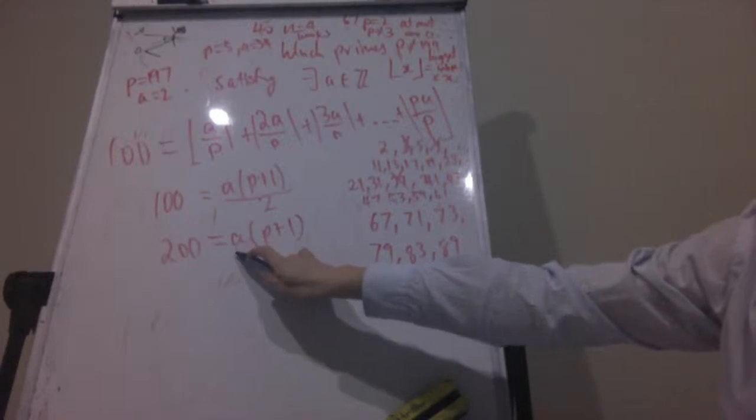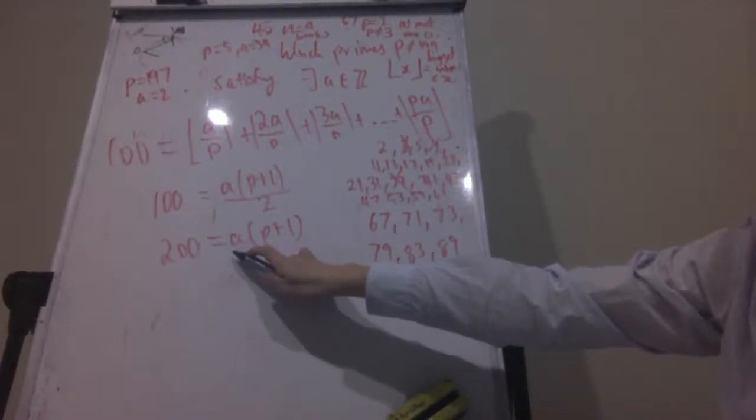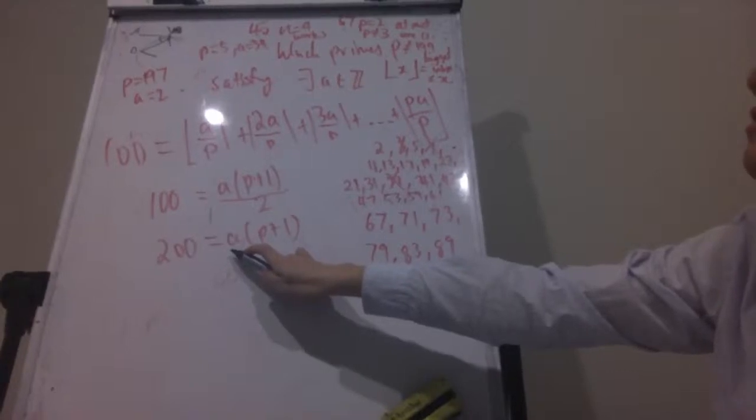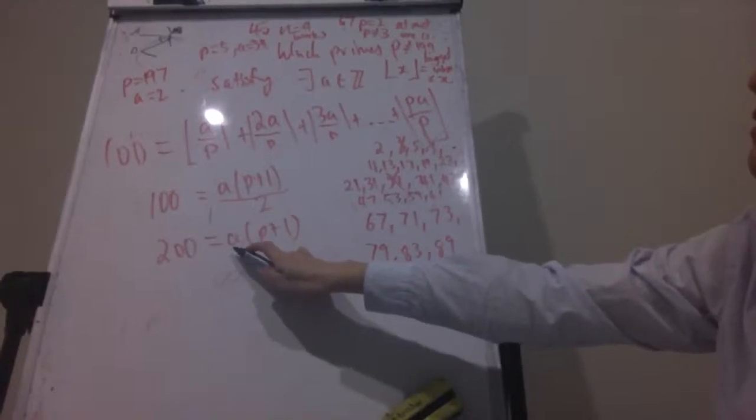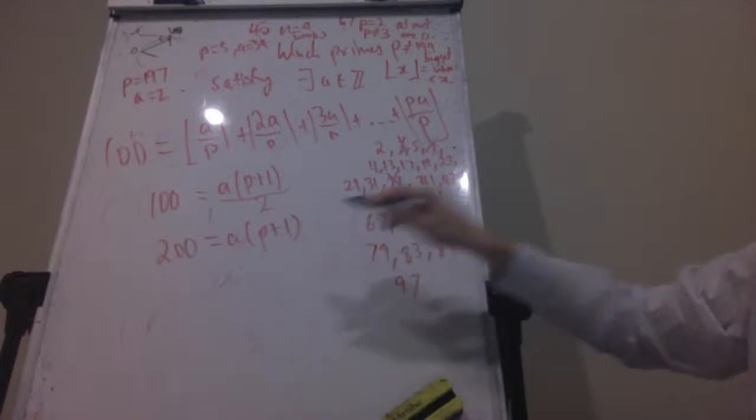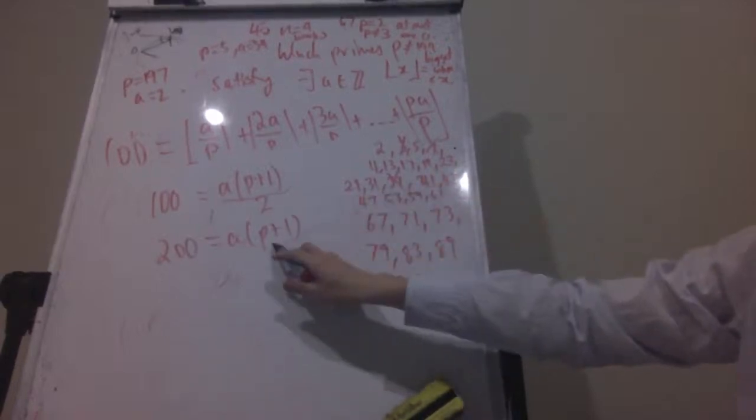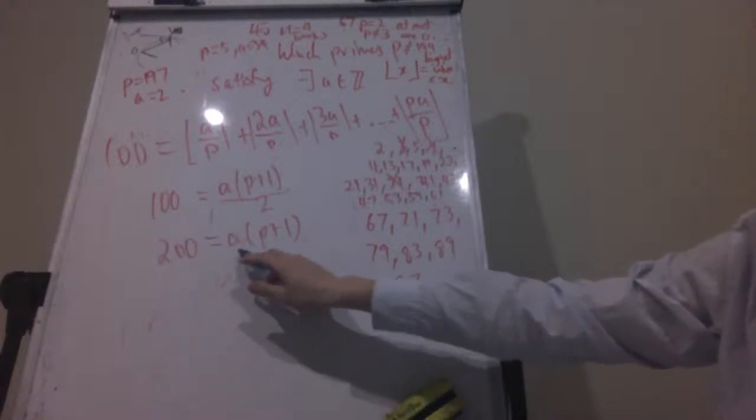So the A that you get here will always be smaller than what it should be, right? So for example, if P is 40, then 41, A has to be like around 5.